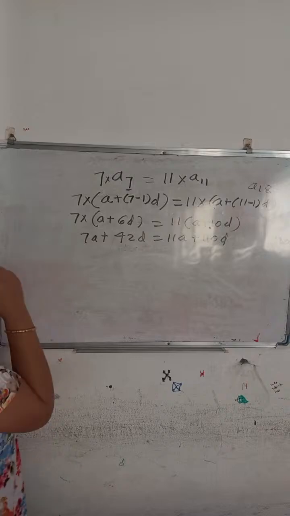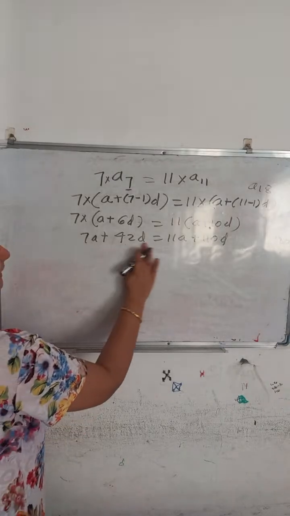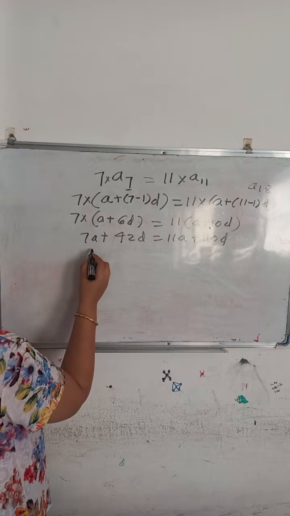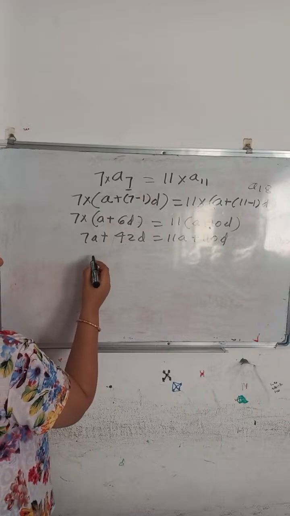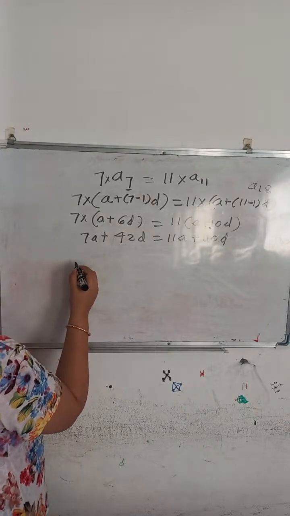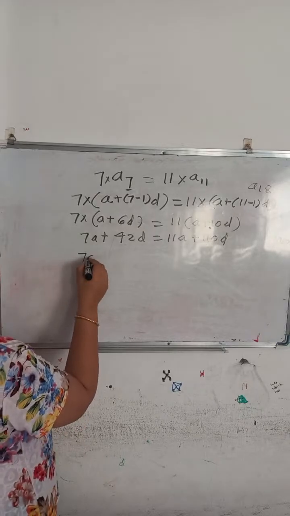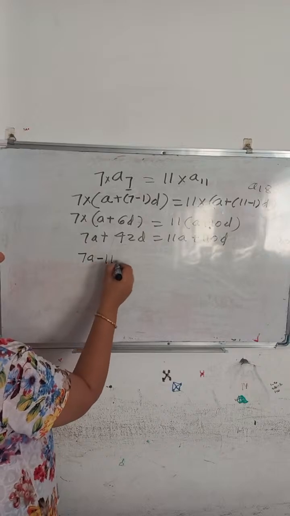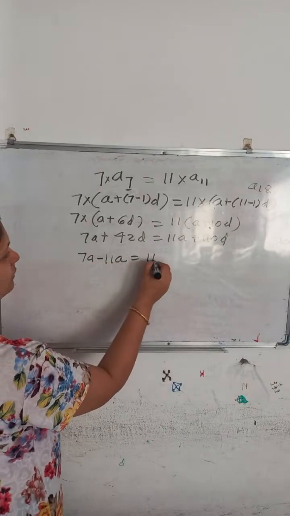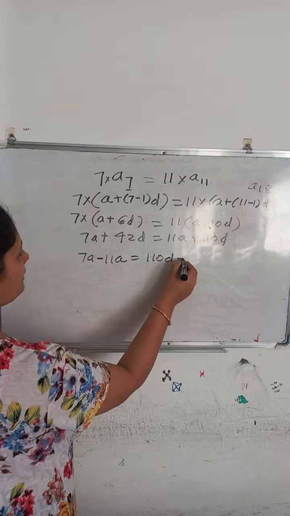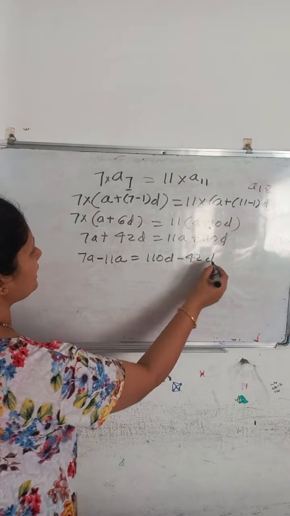You will not get a value for A and D, you will get the relation. So here 7A minus 11A is equal to 110D minus 42D.